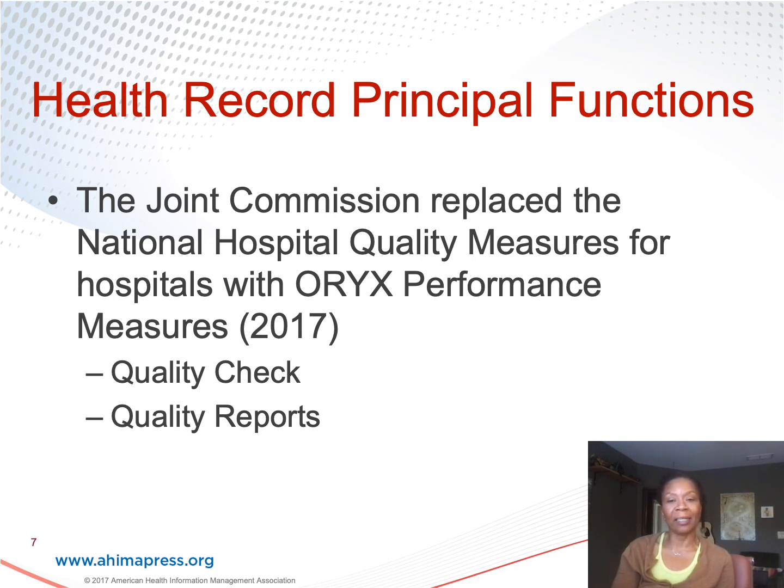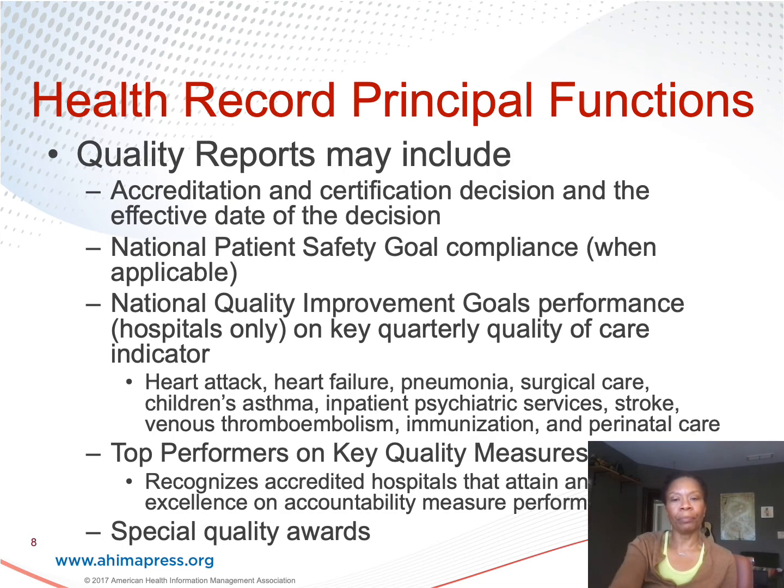Organizations listed on the quality check that are not accredited by the Joint Commission are for comparison purposes only. Quality reports provide an overview of how well an accredited organization or certified program complies with the Joint Commission's requirements.